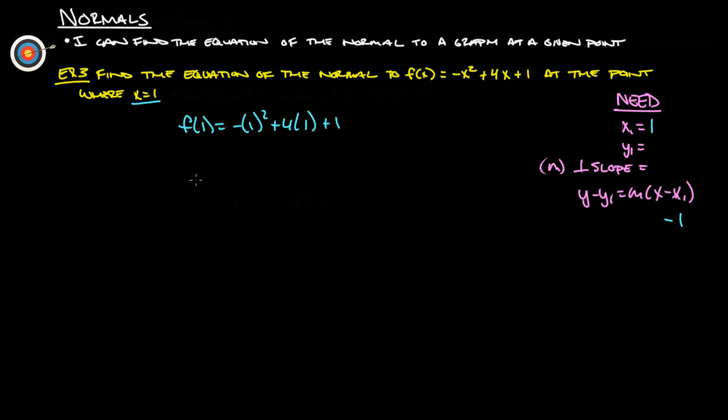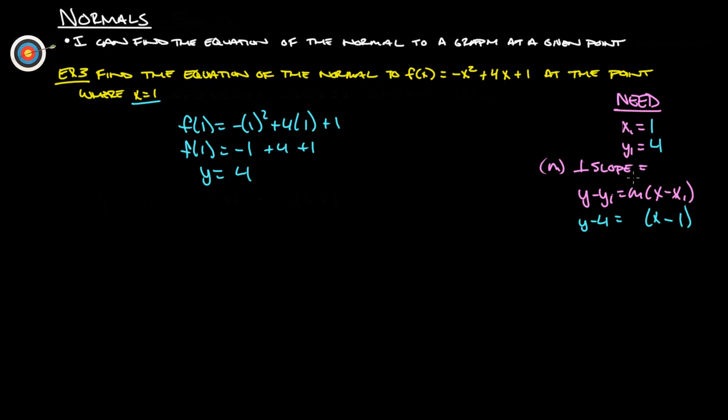Just plug in 1 for these x's. 1 squared is 1, and then we have the negative of that. 4 times 1 is 4, plus 1, so y equals 4. So our y1 here is 4. Now we have y minus 4 equals, and then we have x minus 1.